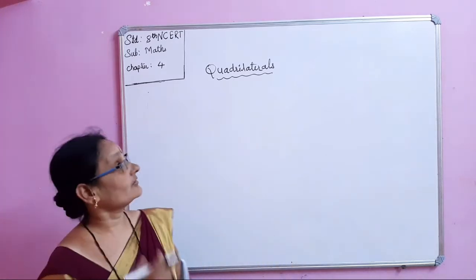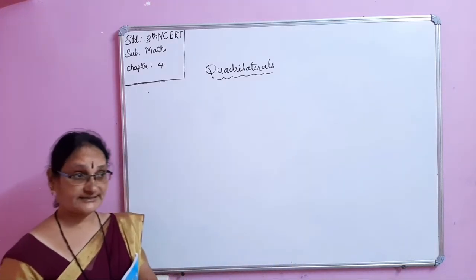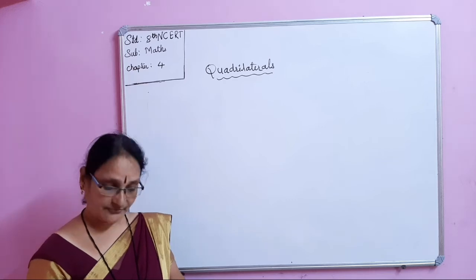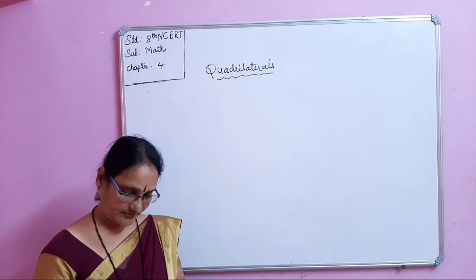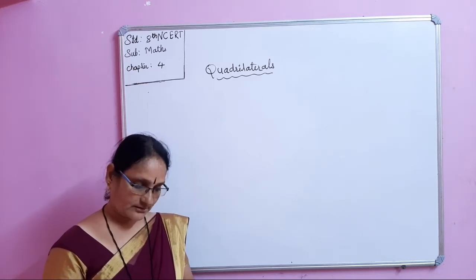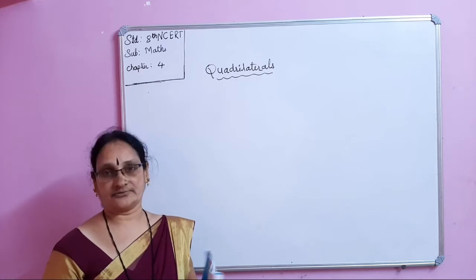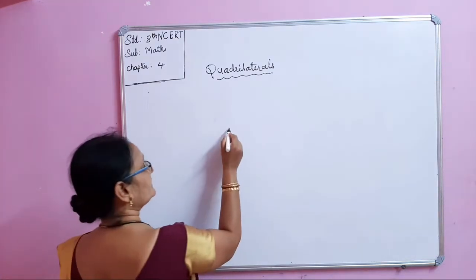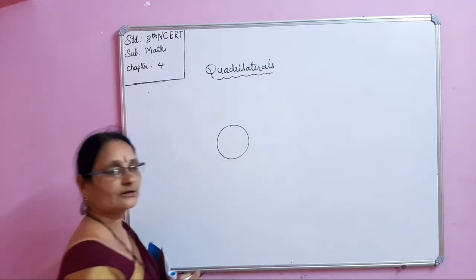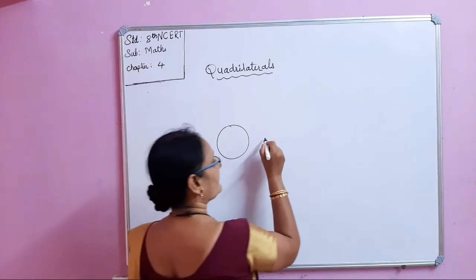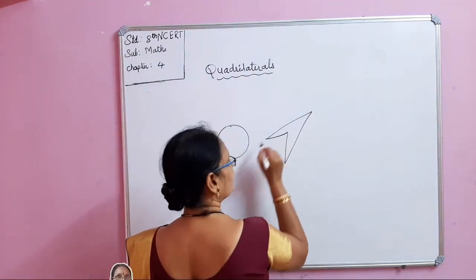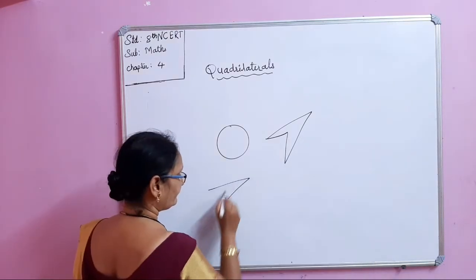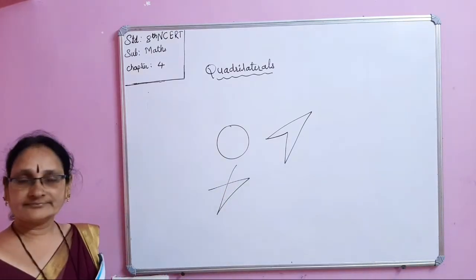Now, before that, let us first understand what are plane curves, closed curves and open curves. First we learn closed curve and open curve. See now, if I draw like this, it is a closed curve, or this is also closed only. Open means this is open.